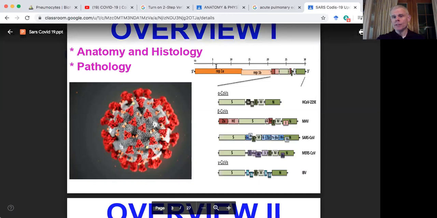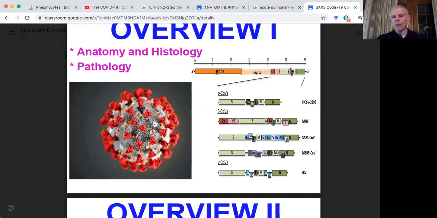It also takes and unpacks the Rep1A and Rep1B genes, and there makes it into the proteins that is an RNA dependent RNA polymerase.